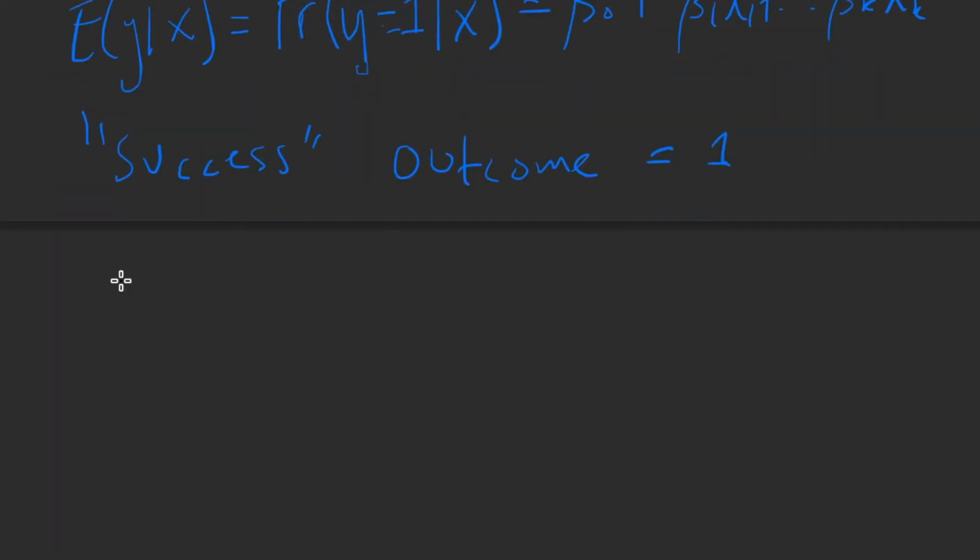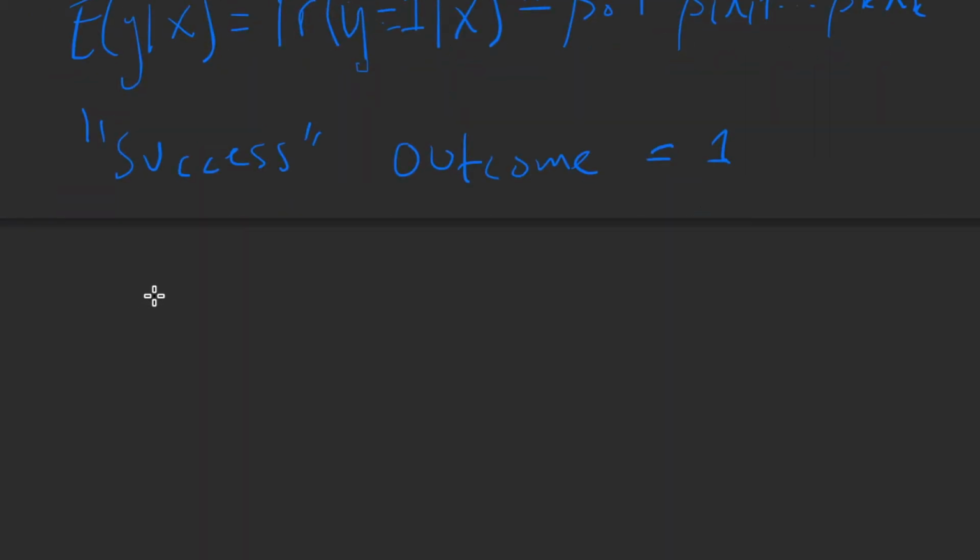For example, take the binary variable deny equal to 1, where deny is equal to 1 for mortgage applicants that have had their application denied. The outcome that is coined as success is the denial of the application. So that's deny equals 1.